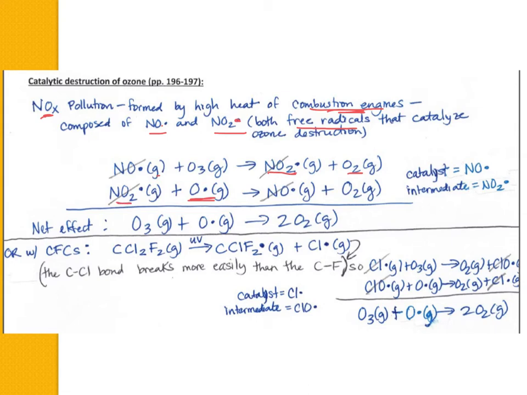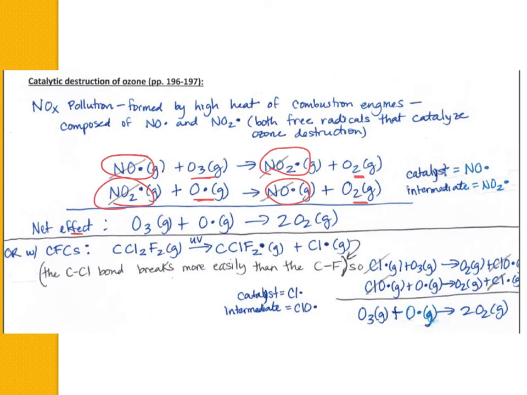If these two things meet up, then we get the NO free radicals and then oxygen. So what's happening overall, the net effect, is that the ozone is reacting with the free radical to form the oxygen molecules. The NO free radical cancels out, as well as the NO2 free radical.